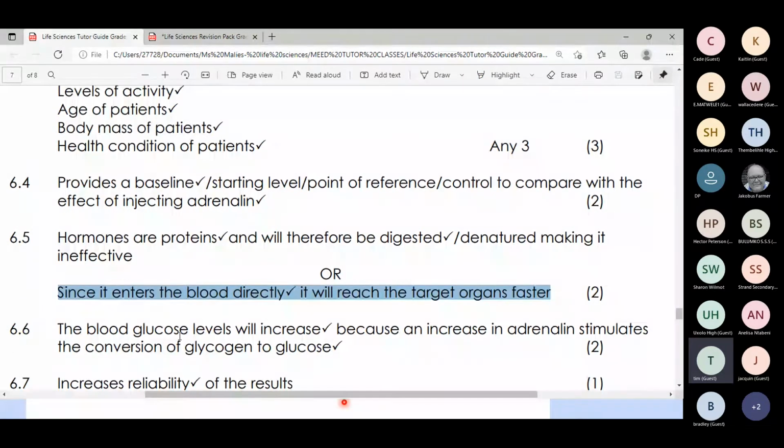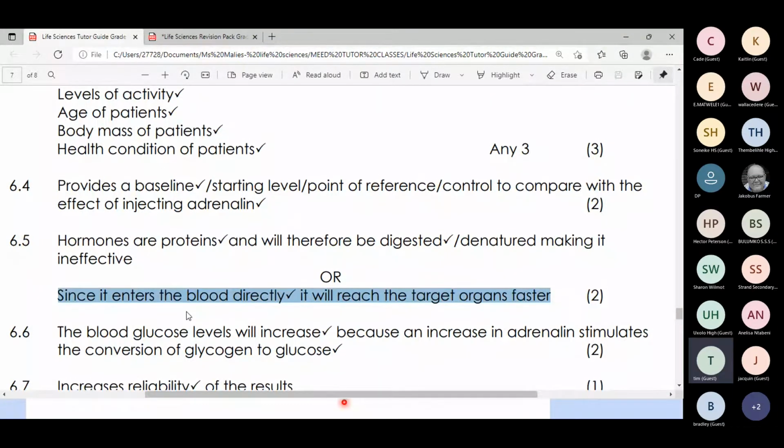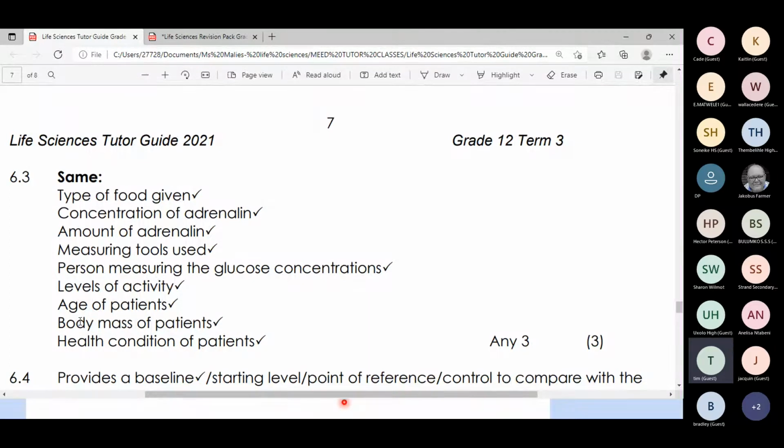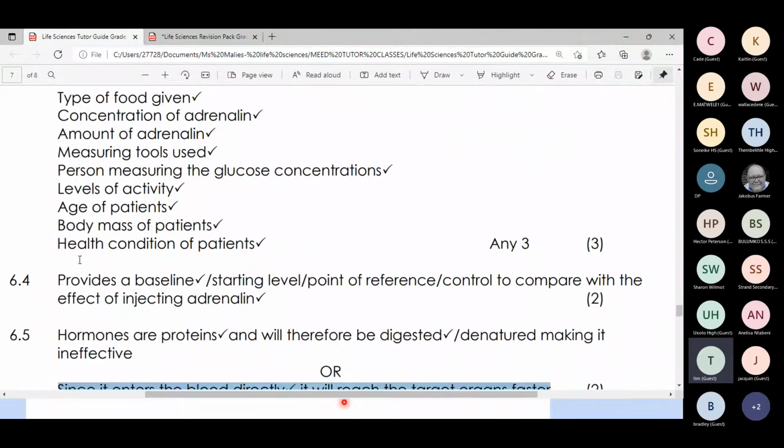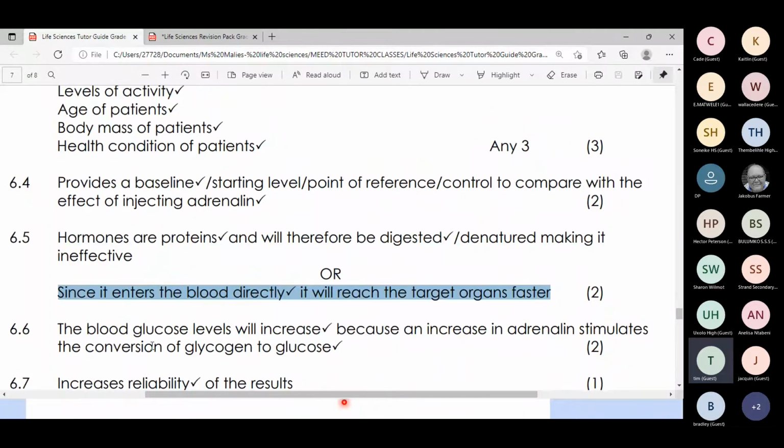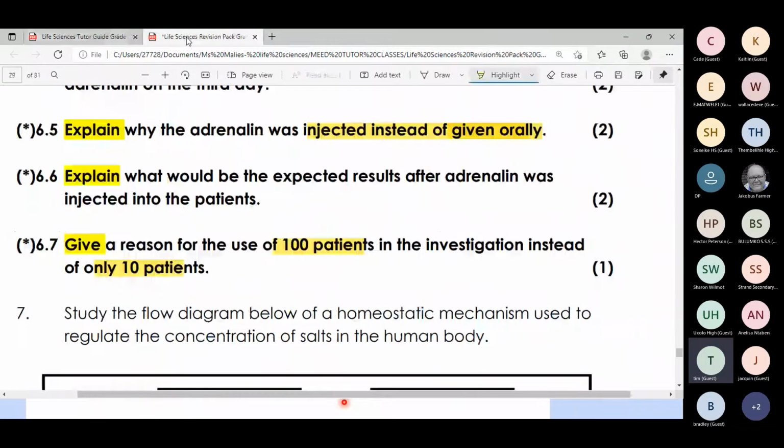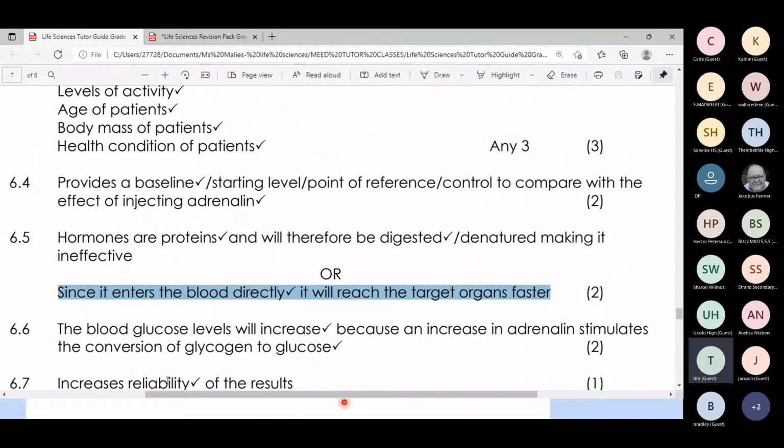Validity is about the controlled variables, keeping things the same. But reliability is about repeating the investigation, or in this case, they're giving you a hint, they have increased the sample size. So from 10 to 100, it means increased sample size. So that's all to do with reliability. Are we good? Can we continue to our next negative feedback mechanism?